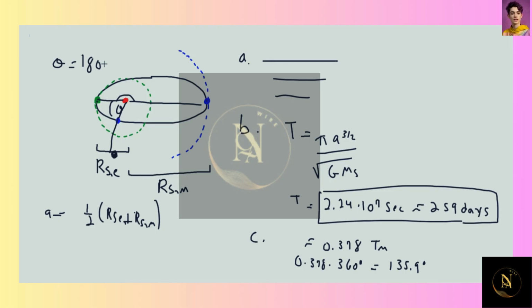So 180 minus 135.9, which should be 44.1 degrees. So we actually launch when Mars is only 44.1 degrees between its line and the sun, Earth's line and the sun. And then by the time the spaceship gets to the right point, Mars has traveled all the way around in this orbit and made it to where it needs to be.